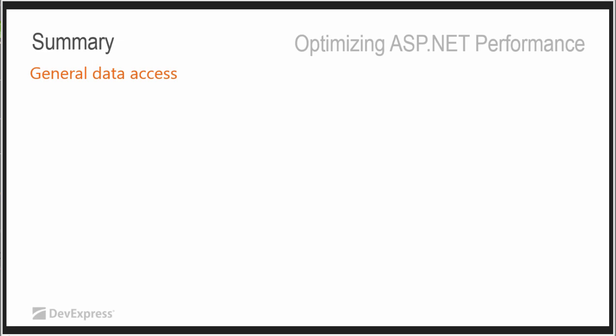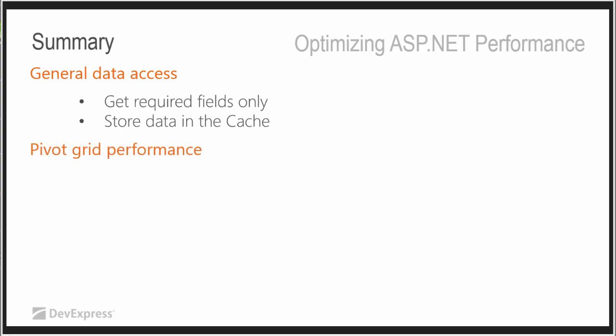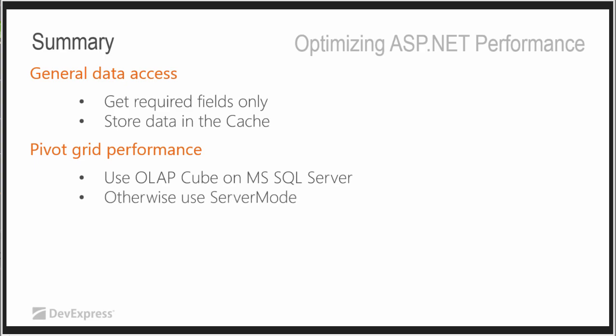All right. So, yeah, go ahead. Basically, for general data access, like you were mentioning, get the required fields only, and store data in cache when possible. That's something that you have to figure out yourself. You are in charge of that. For the pivot grid performance, we use the OLAP Cube on SQL Server. That would be preferable for the best performance. If that's not possible for whatever reason, you can use our server mode feature.